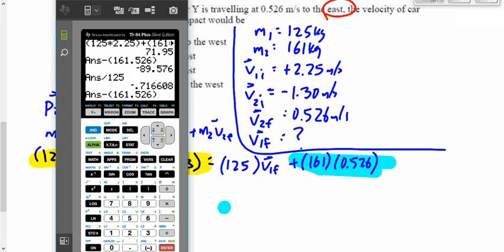So that should be 161 times 0.526. And then let's divide that by 125. That's still all right. Okay, let me just do this, okay?